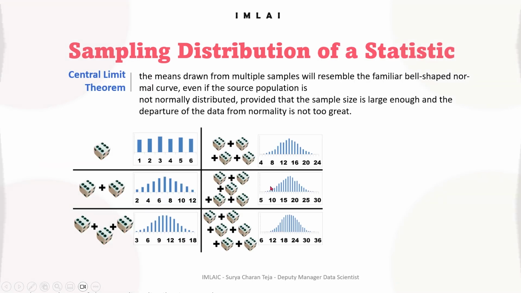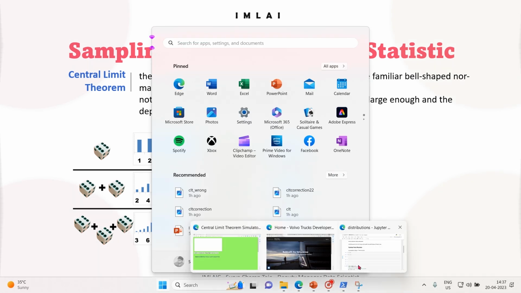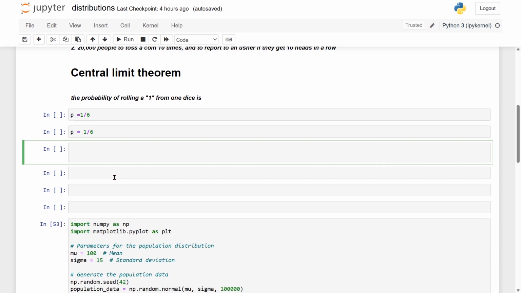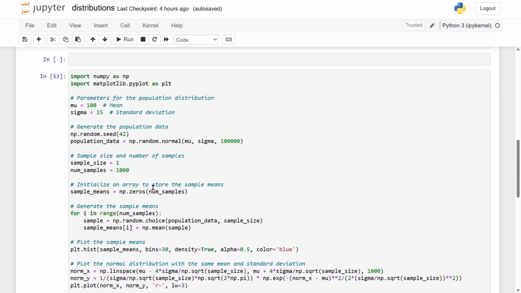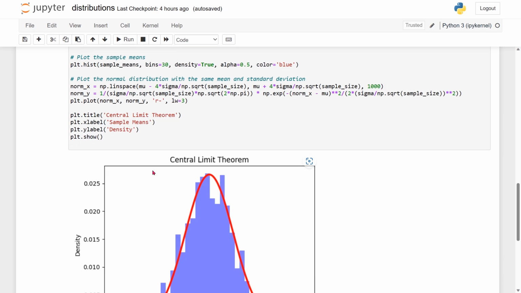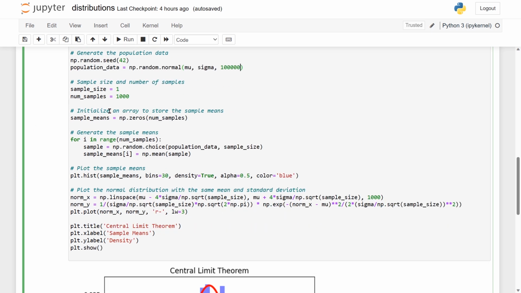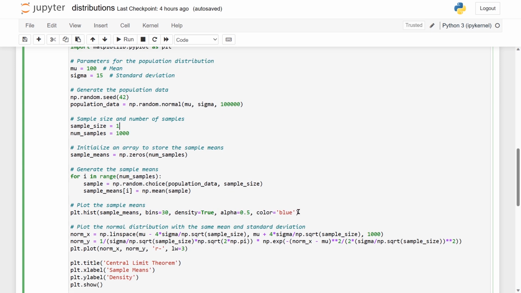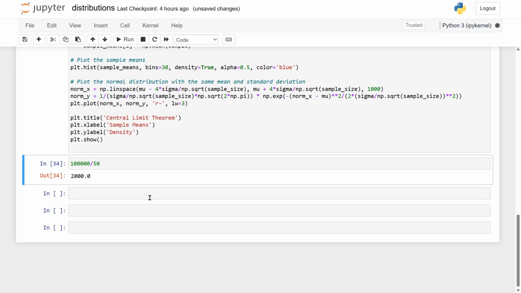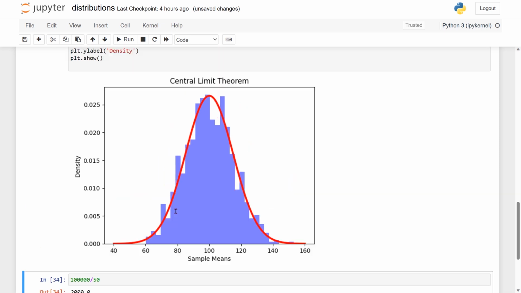Let's look at a simulation of it. This is the central limit theorem, and this is the code written for that. This is the picture you can see. You got 10,000 data points, which is our population. It was made into 1,000 samples, so the total number of samples is 1,000. Initially I started with sample size 1. This is what we got.